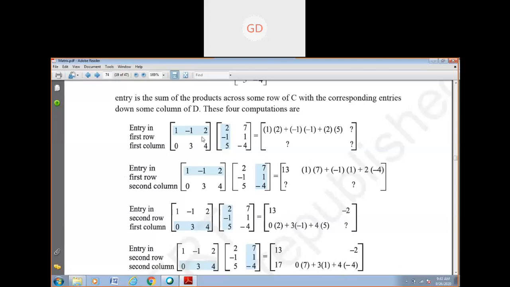So first, first row into first column gives us one element. Again, first row into second column. There is no other column in D, so multiplication by the first row is over.